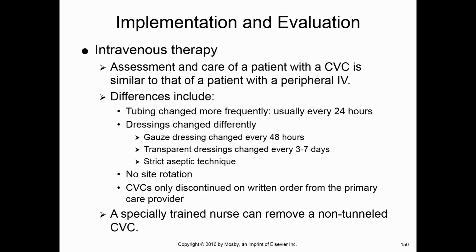So central venous catheter, we're going to be doing the same things to the central venous catheter that we've done with the IV catheter, except for a few differences. Tubings need to be changed more often. Dressings need to be changed more often. It's a sterile dressing change for a central line. There's no site rotation because these are a little bit longer term use, and the doctor is the one who needs to be doing that, okay?